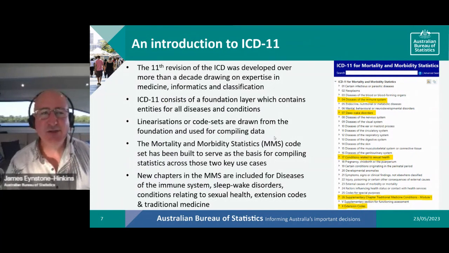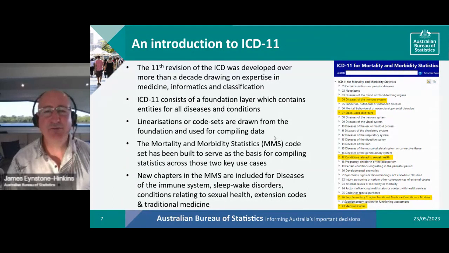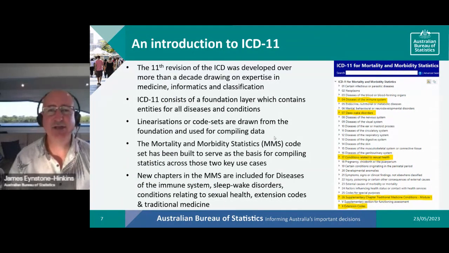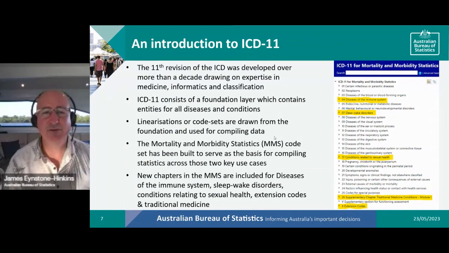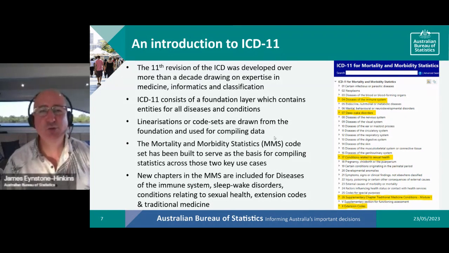As a quick introduction, ICD-11 differs from previous versions of this classification in that it is made up of a foundation layer, like a terminology. It contains a very, very large array of diseases and conditions, and that foundation is used to draw code sets which can be used for different purposes.